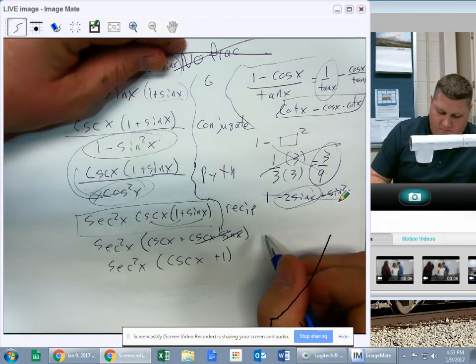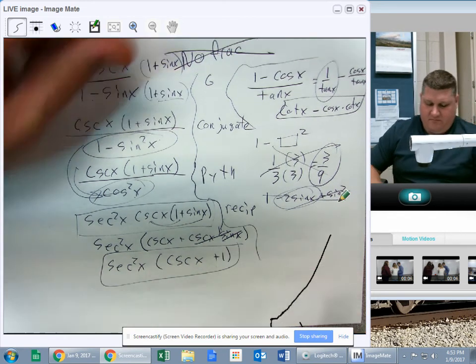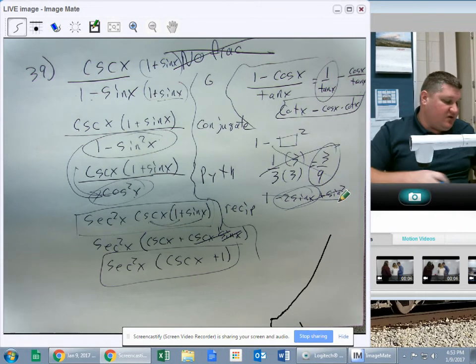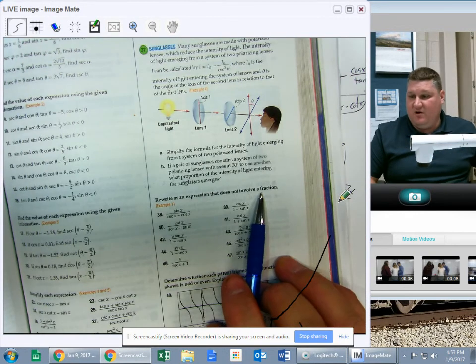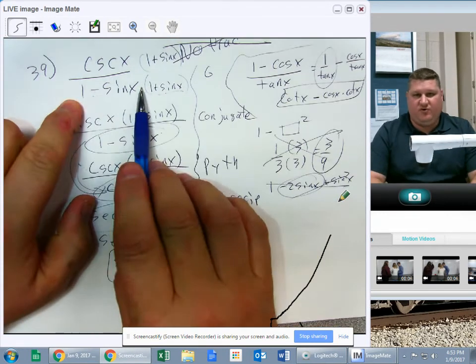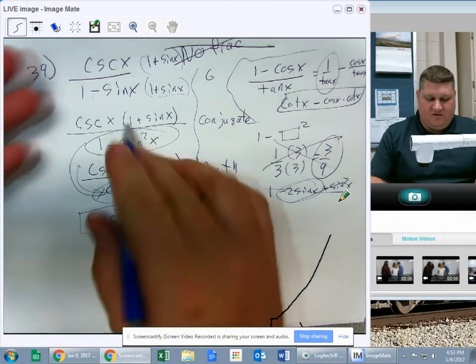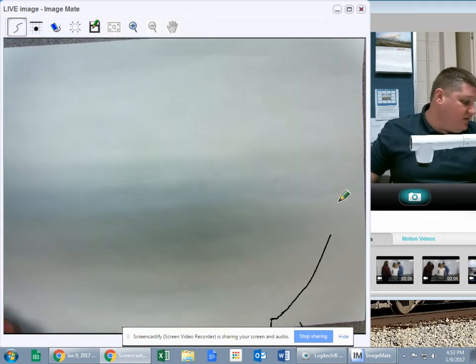You say, well, Mr. Moore, that's not really better. Well, I don't know, maybe it's a little better, but that's about as good as I can do. But the directions say rewrite as an expression that does not involve a fraction. By using the conjugate, which is the same two terms with the opposite sign in the middle, we can get rid of that fraction by using conjugate and a Pythagorean theorem. Very common, happens kind of a lot.